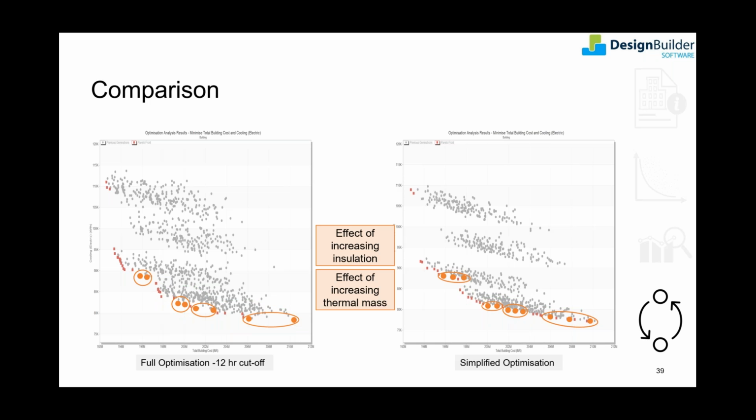The quality of data needed for understanding the effect of increasing insulation or thermal mass on the cost has increased significantly. On and around the Pareto front, we can not just see the hints of trends, but many intermediary combinations.